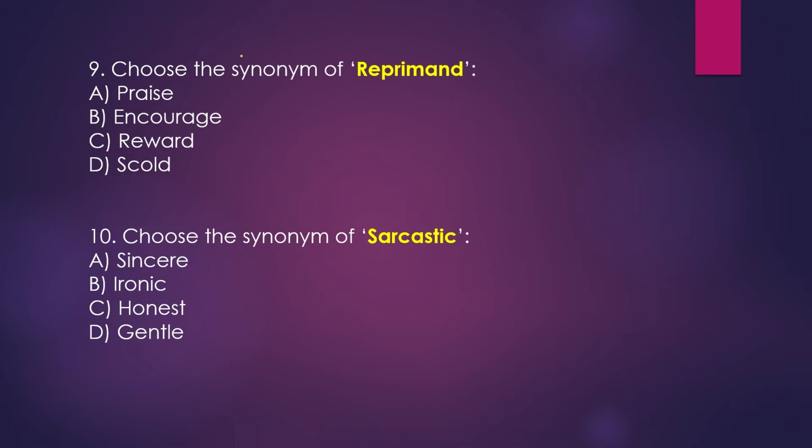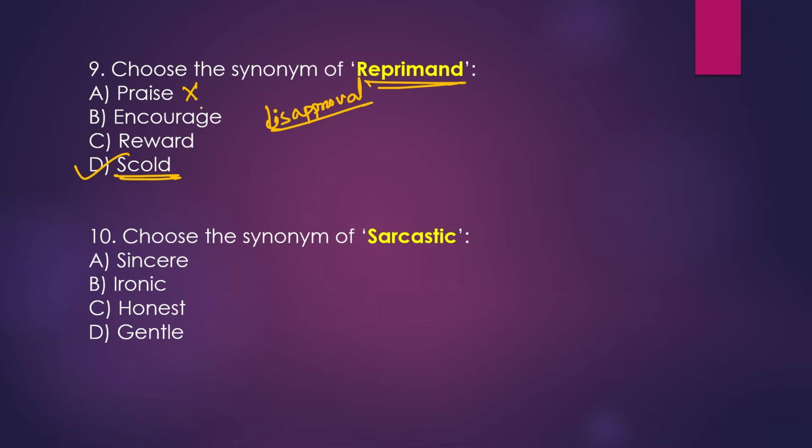Next, choose the synonym of the word reprimand. So the word reprimand generally means to express disapproval or scold someone for a mistake, or you can say to criticize someone for their misbehavior, for any wrong thing. Okay, that is called reprimand. So here option D, scold, is the correct synonym of the word reprimand.